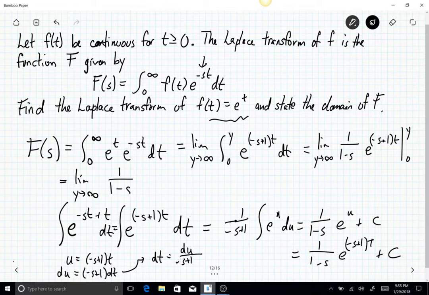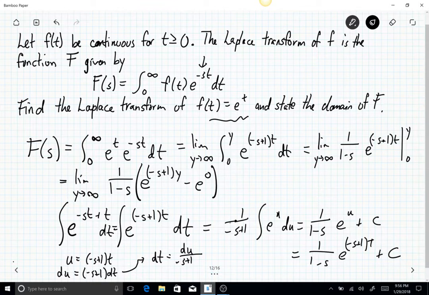You can go 1 over 1 minus s, and then this becomes e to the (negative s plus 1) times y, minus e to the 0, because you plug in for the t, you get 0 there.